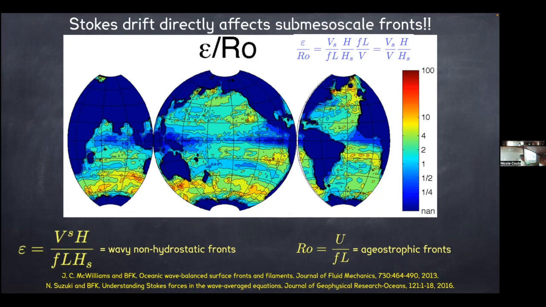The ratio of these two being greater than 1 tells you that the non-hydrostatic effect comes in first and more strongly than the ageostrophic effect. So the interaction between waves and submesoscale fronts may be stronger than the ageostrophic effect in understanding how submesoscale fronts work.